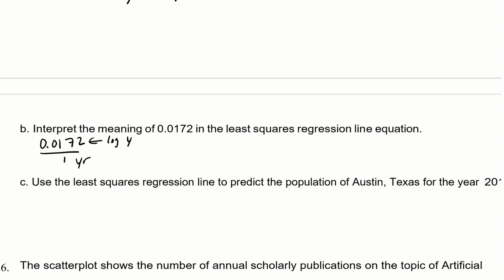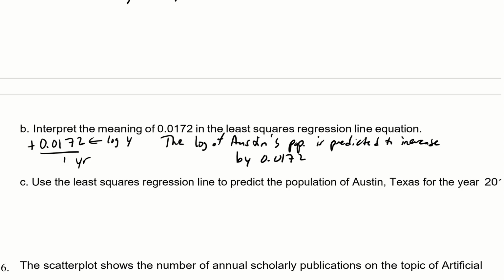So what it's saying is that, and it's positive, so that means that it's going to increase. Okay, so that means that the log of Austin's population is predicted to increase by 0.0172 for each year.